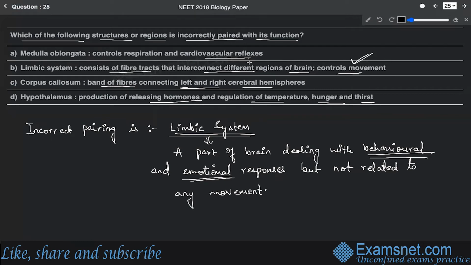Medulla oblongata is true, it controls respiration and cardiovascular reflexes. Corpus callosum is also true because this is a band of nerve fibers that connects the right and the left cerebral hemisphere. And the hypothalamus function is also true, production of releasing hormones and regulating temperature, hunger, and thirst. So the correct answer is option B.